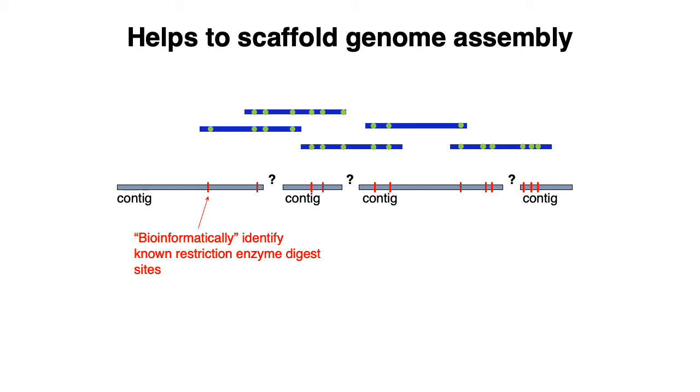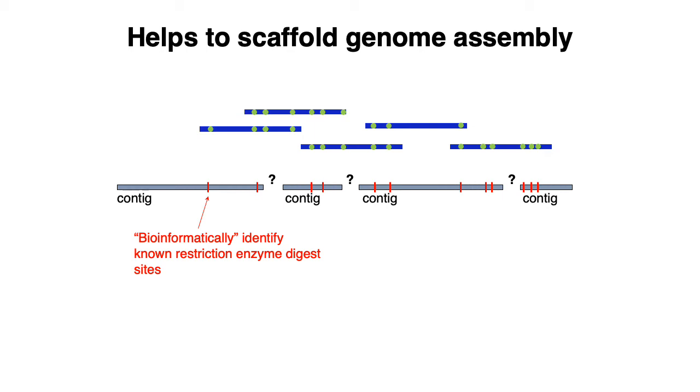That's represented by the blue lines and the green dots, where the green dots tell you where the restriction enzymes cut. You also have your contigs that you know the sequence of from your assembler. You can use bioinformatics software to scan the contigs that you got from your assembler and predict where the restriction enzymes you used would cut the contig, which would give you computer-derived fragments that you should see on the optical map.